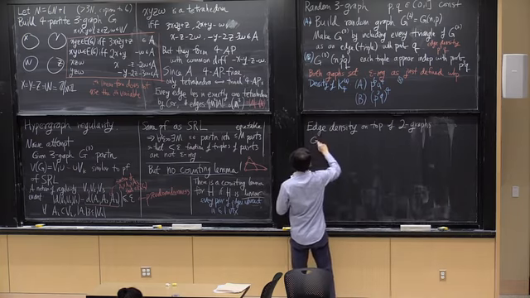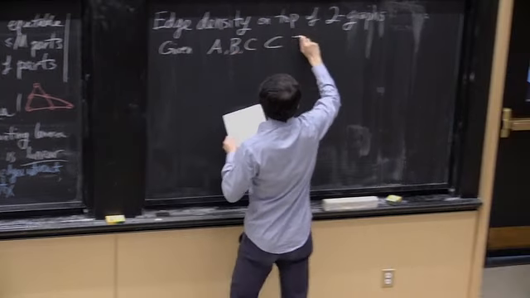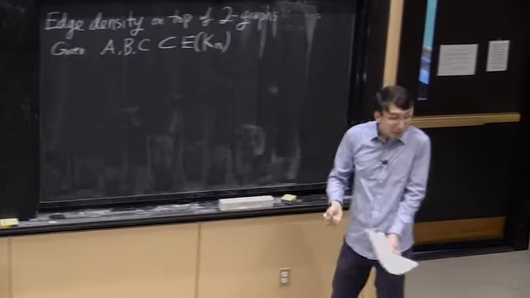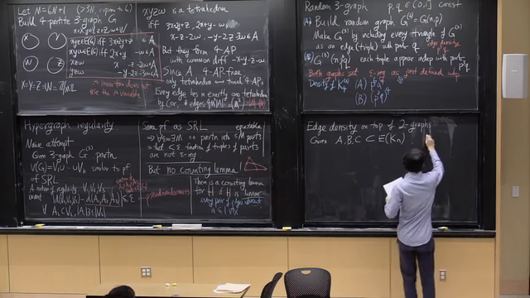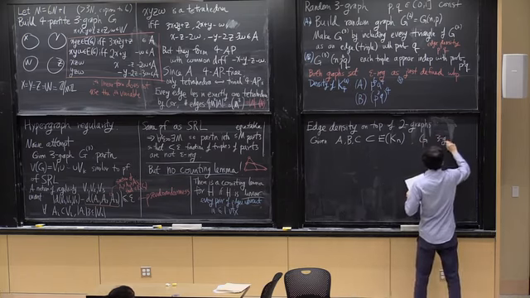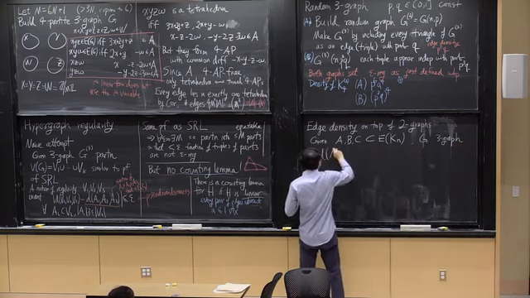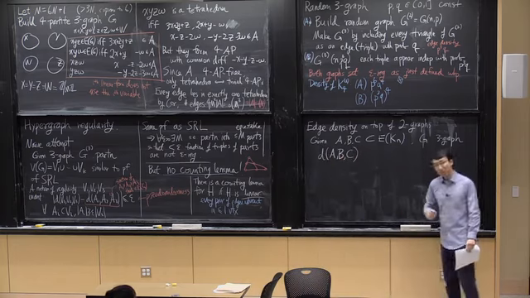So given A, B, and C being edge sets of a complete graph, so these are graphs, you should think of them as graphs, and a three-graph G, we can define this quantity, D of ABC.